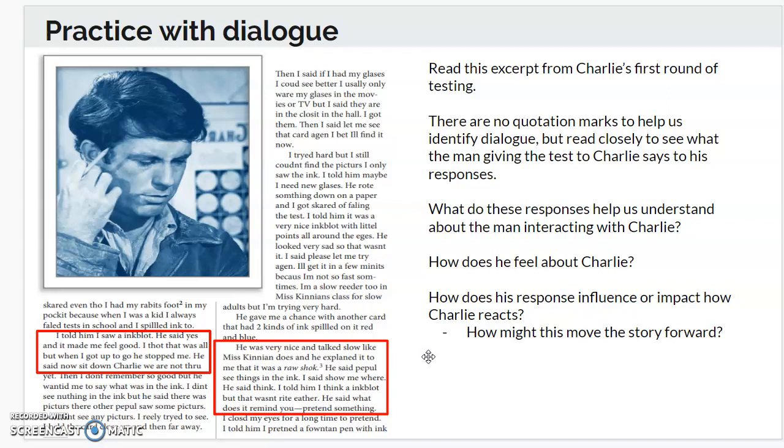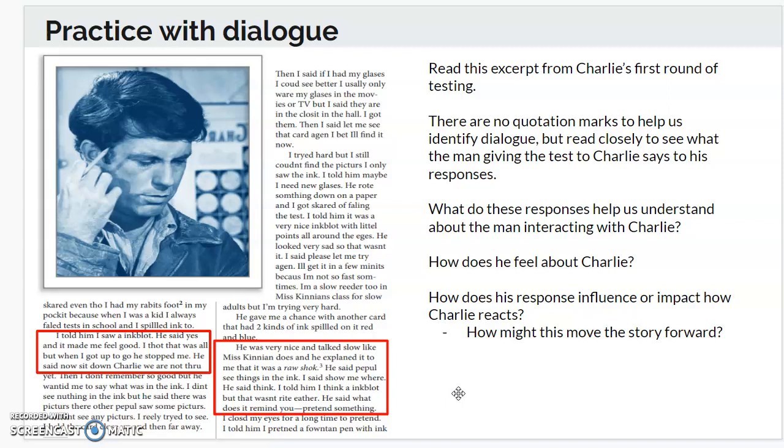He said, what does it remind you? Pretend something." So again, like I said, we have another example where Charlie makes the analogy, or the comparison, of this man giving him the test to Miss Kinnian, who was his teacher. So the man is being patient. He's talking to Charlie. He's trying to break it down so he understands.